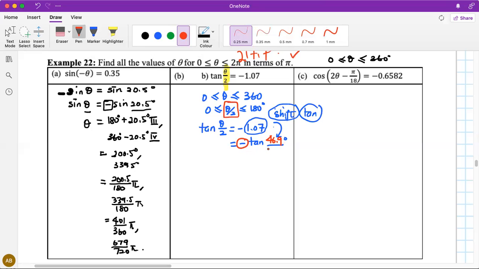So the angle theta over 2 will be in quadrant number 2 only, not quadrant 4, as it is not in the condition. Therefore 180 minus 46.9 degrees.